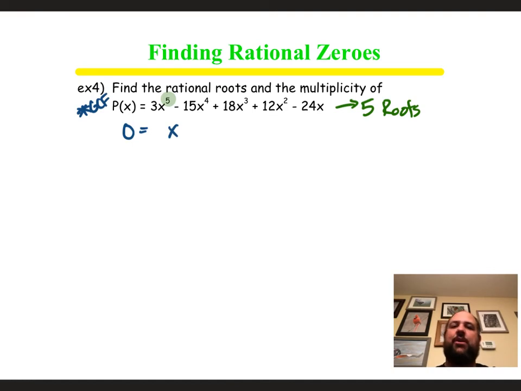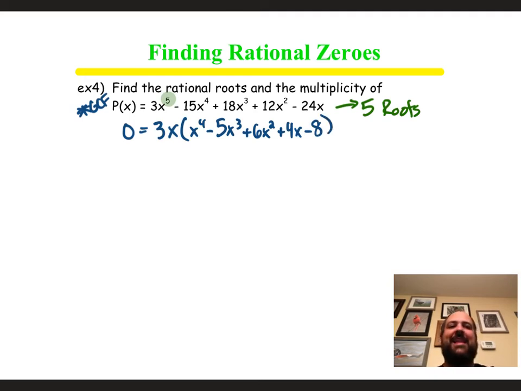And if I look at my coefficients, we have 3, 15, 18, 12, 24. Looks like 3 is also part of my GCF. So now I have to factor that out, and the leftovers would be x to the 4th minus 5x cubed plus 6x squared plus 4x minus 8.